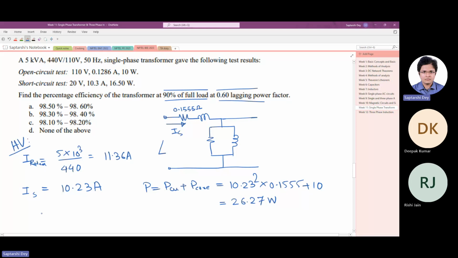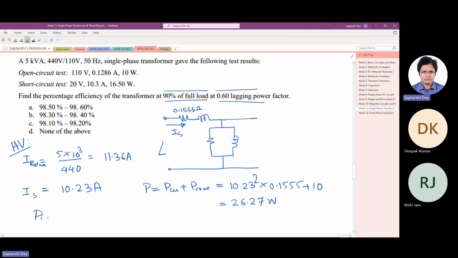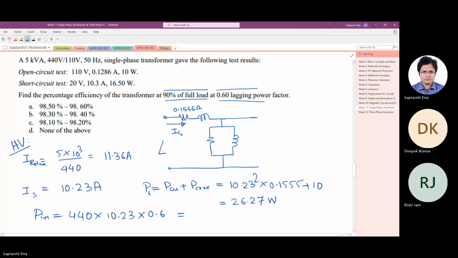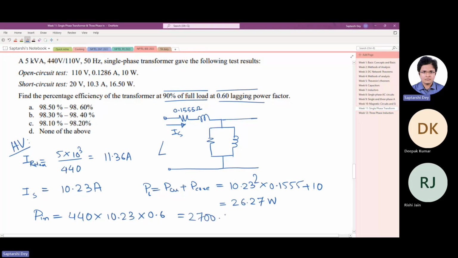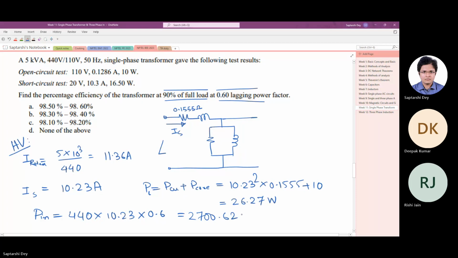Now power input is 440 times 10.23 times 0.6. It's around 2700.62 watt. You see, the transformer is operating at 90% of its load, but since the power factor is so small, the active power is around 50% of the kVA rating.